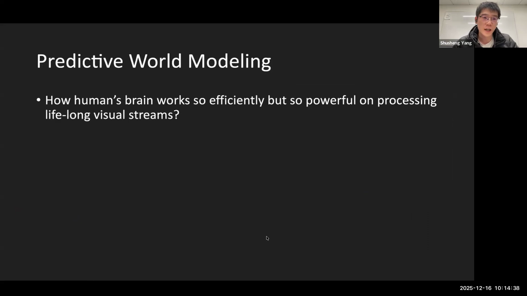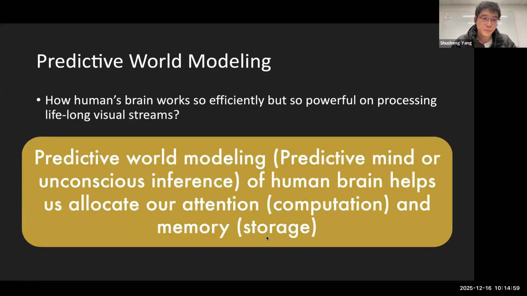Maybe you feel that predictive world modeling sounds a little unrelated to spatial supersensing, but let's start from a different perspective. Let's think about how the human brain works so efficiently and is so powerful at processing lifelong visual streams.